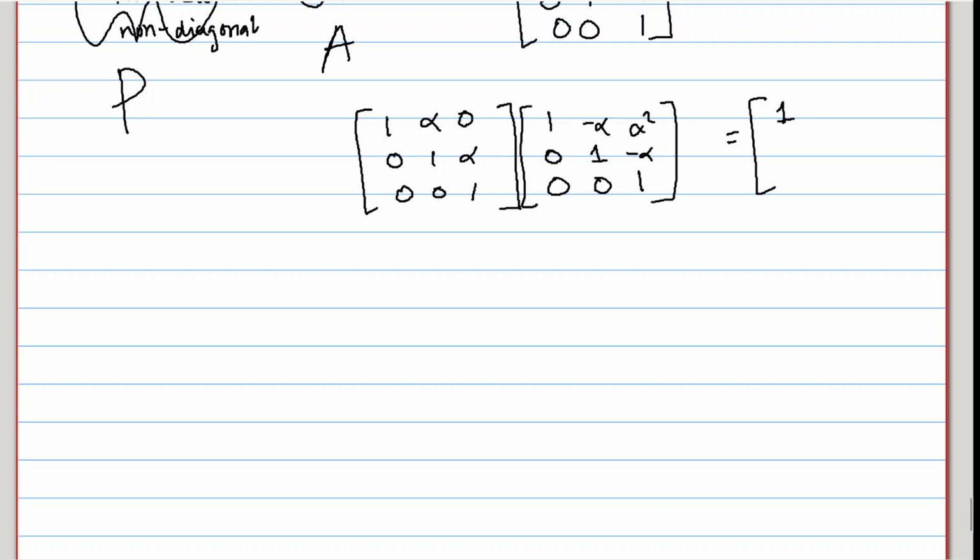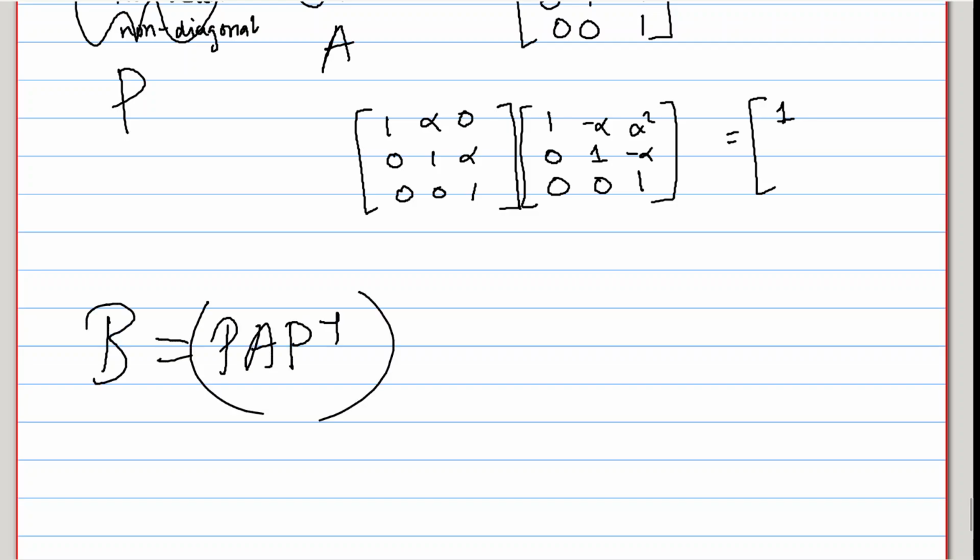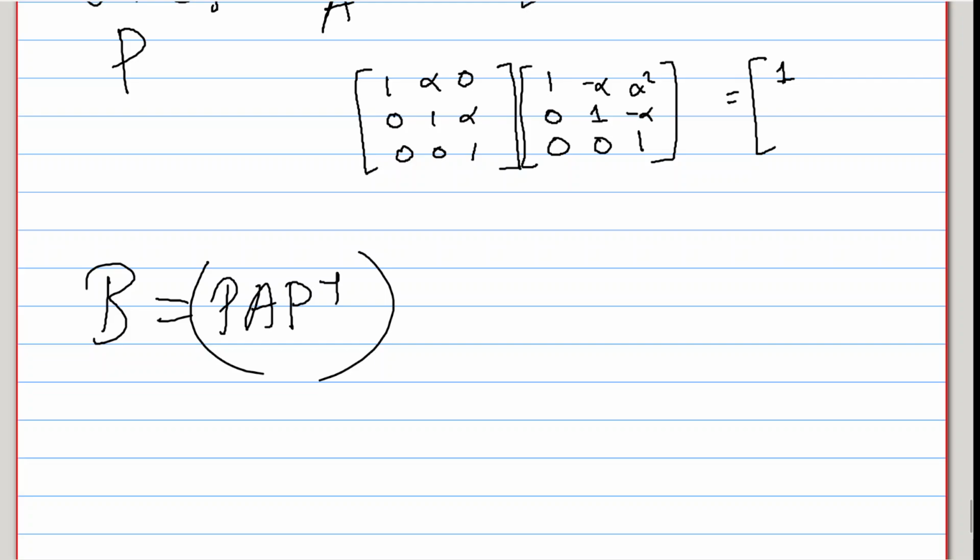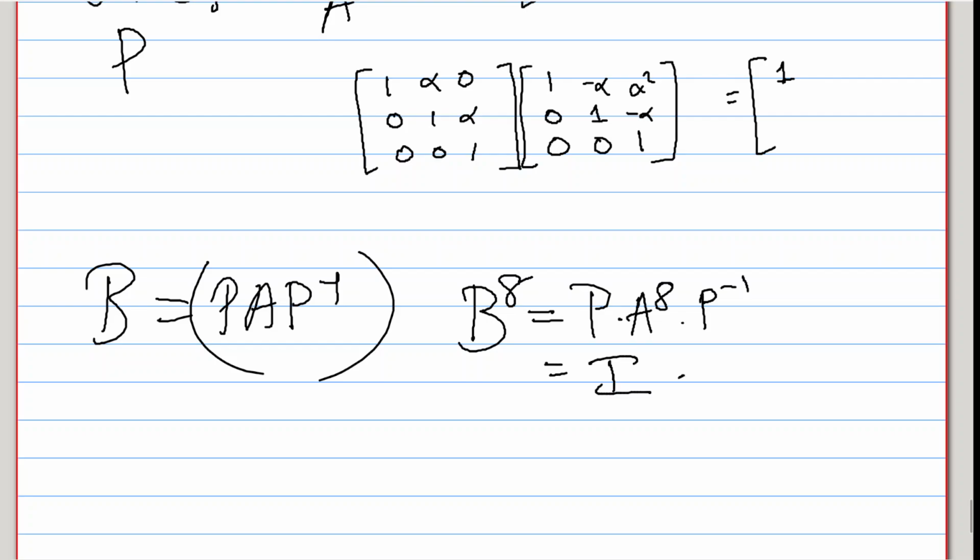So I'm constructing B equals P A P inverse. The benefit is that B power 8 will be P into A power 8 into P inverse. But we know A power 8 is already the identity, so this would be I.